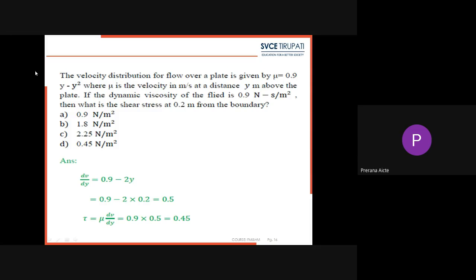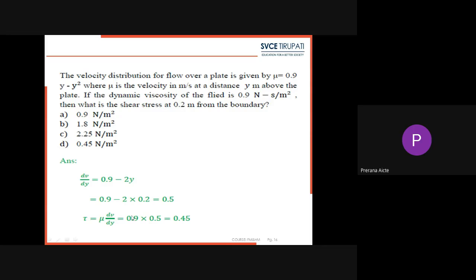Another one: the velocity distribution for flow over a plate is given by u equals 0.9y minus y square, where u is the velocity in meters per second at a distance y meters above the plate. If the dynamic viscosity of the fluid is 0.9 Newton second per meter square, then what is the shear stress at 0.2 meter from the boundary? They have given the change in velocity and distance, that is du by dy is 0.9 minus 1 y.